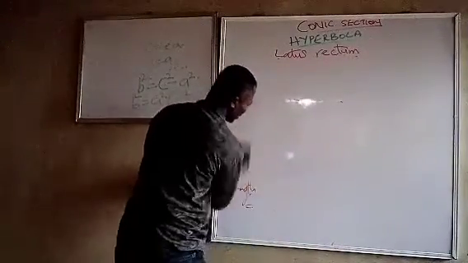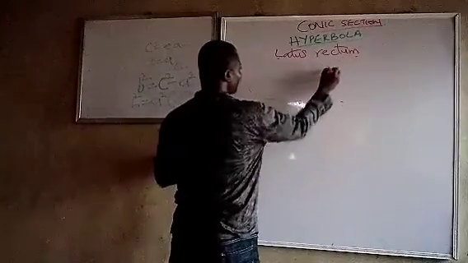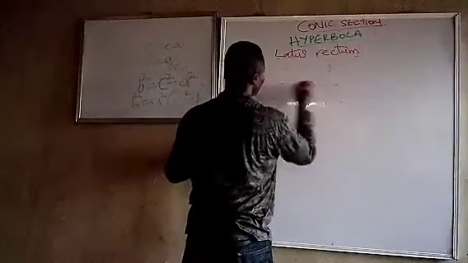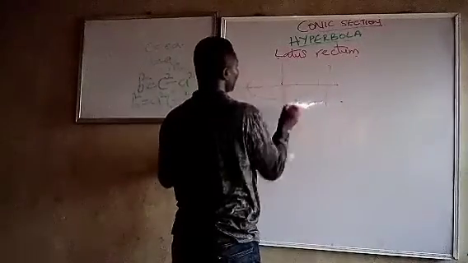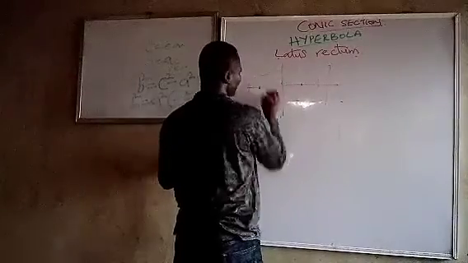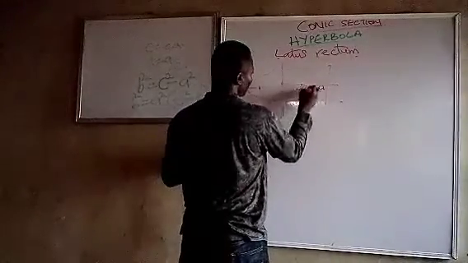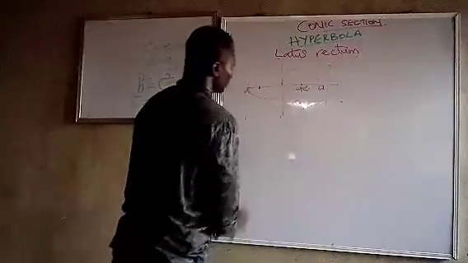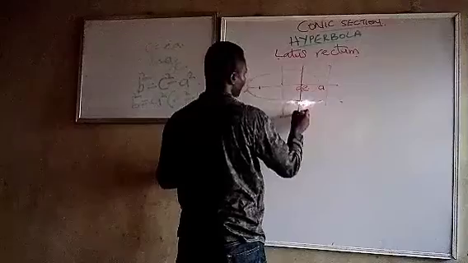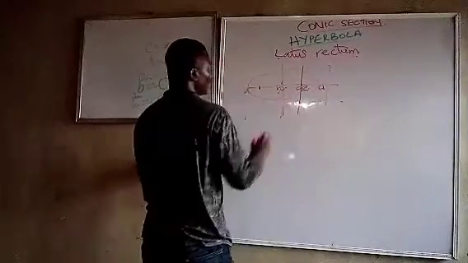For an ellipse, we have the directrix outside. Yes, so we have the focus. Our focus in this place is at ae. So the lattice vector will pass through like this, and this is our center, (0, 0).